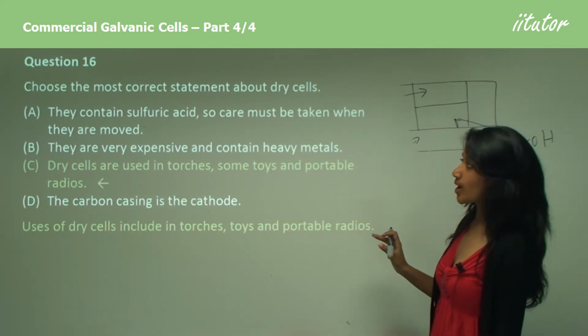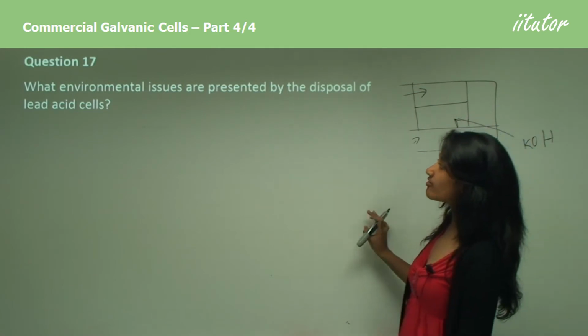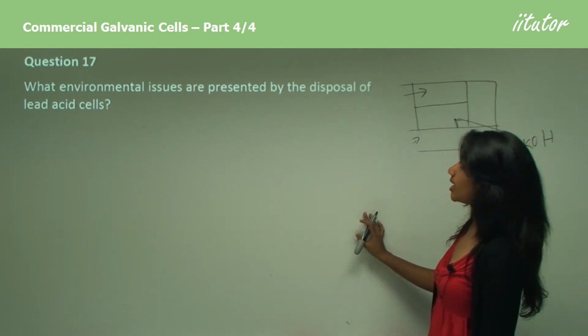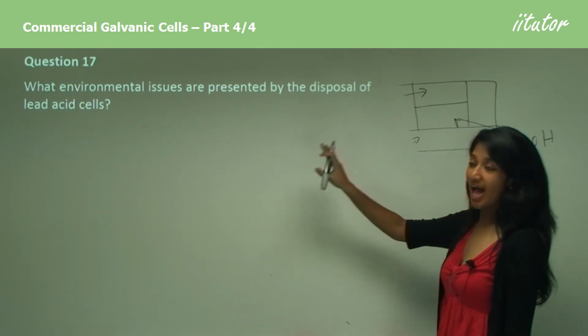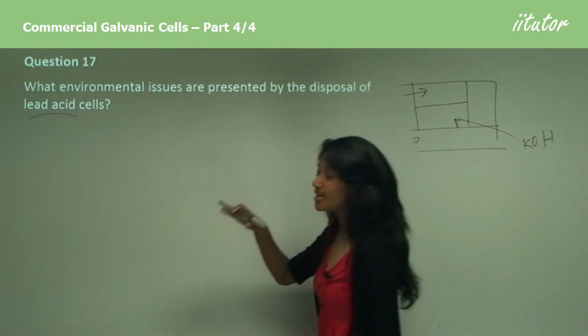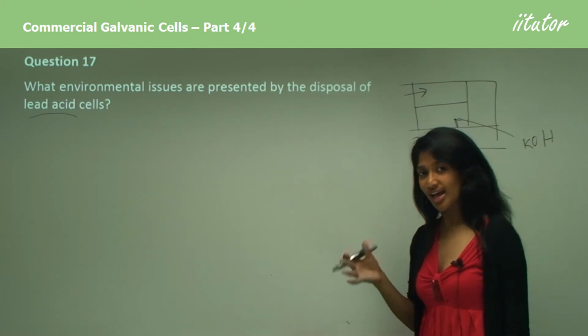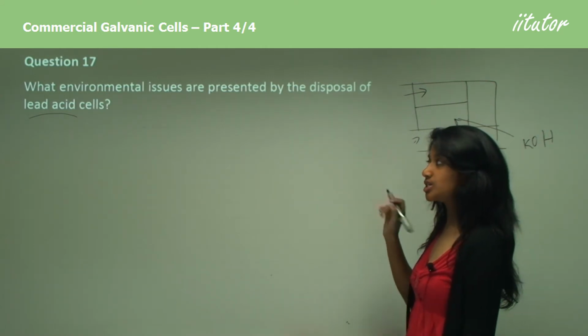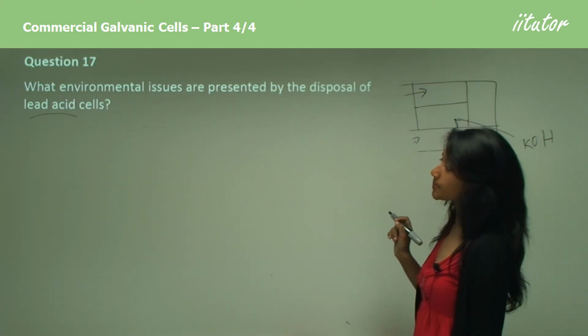Now let's move on to question 17. What environmental issues are presented by the disposal of lead acid batteries? Now note that it is lead and acid. That means it is quite harmful because both lead and the sulfuric acid that is used in those batteries are harmful.